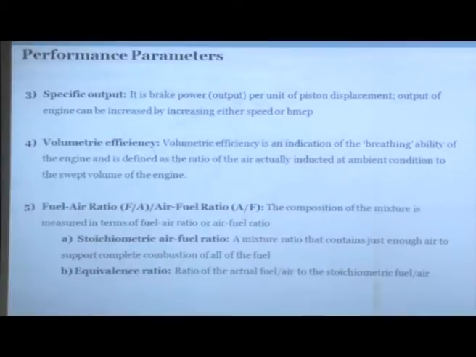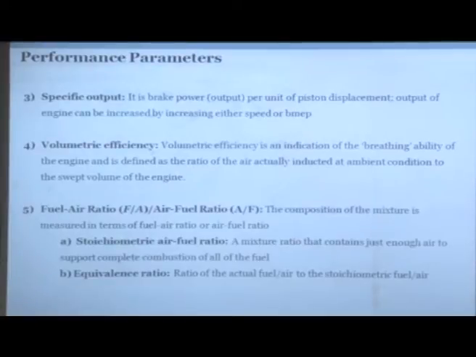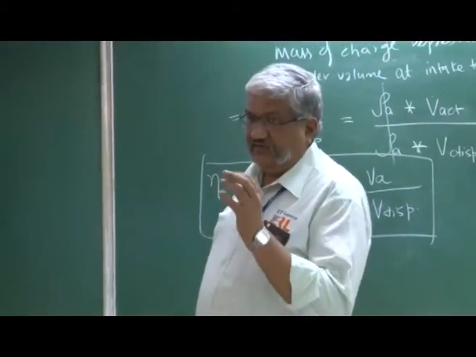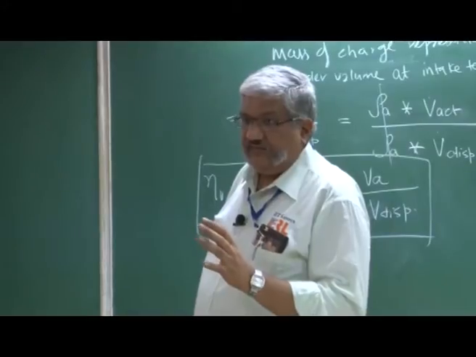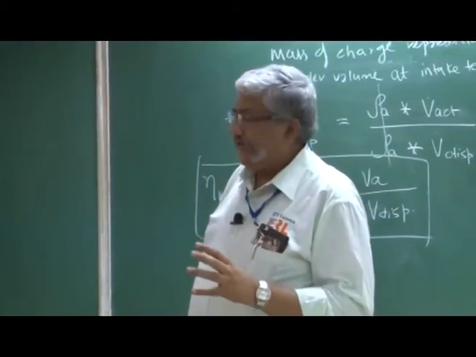And you know, fuel combustion basically requires at least the stoichiometric air for complete combustion. Stoichiometric combustion means that you are putting in the chemically correct amount of air for the unit amount of fuel that you are putting in.